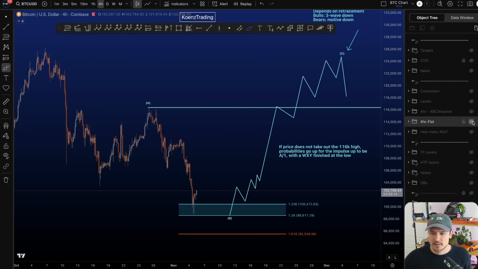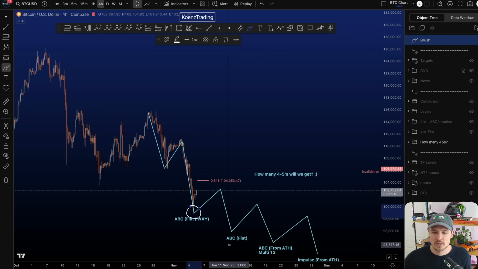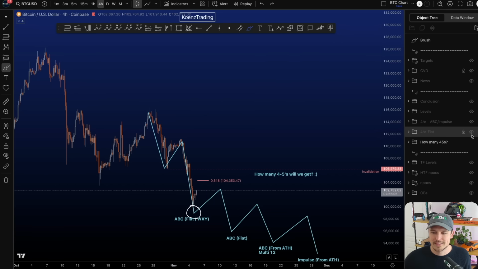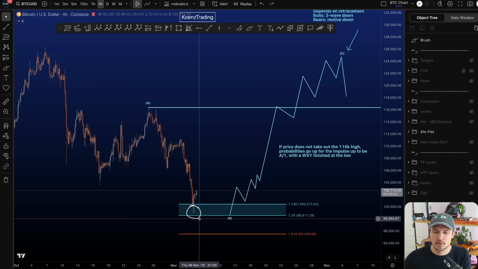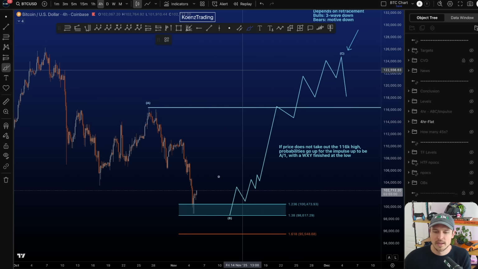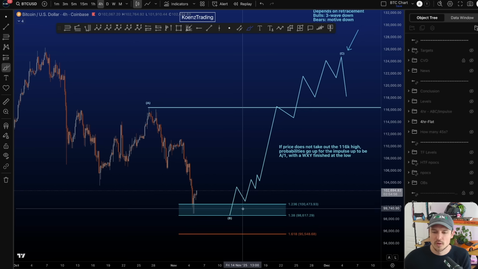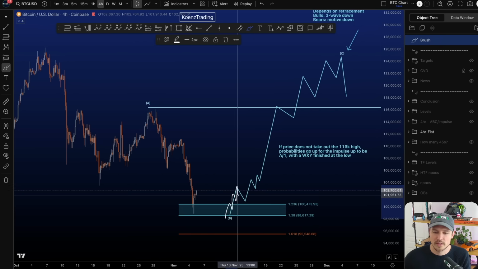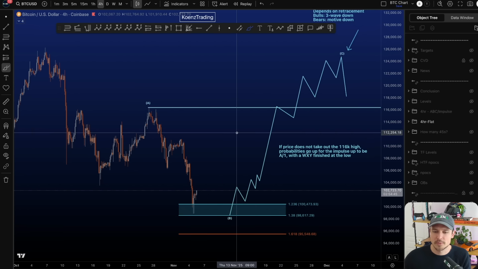Now, a flat, what you see on my chart, is a possibility if price ends over here or creates one more low, as long as this low is not touching the 1.618, as that would impact the probabilities for this scenario. And what we want to see is a 5-wave structure to the upside, or a multi-1-2. But a multi-1-2 also starts with a 5, then a 3, 5, 3, 5, 3, and then you fly. You're basically looking at a larger impulse to the upside.